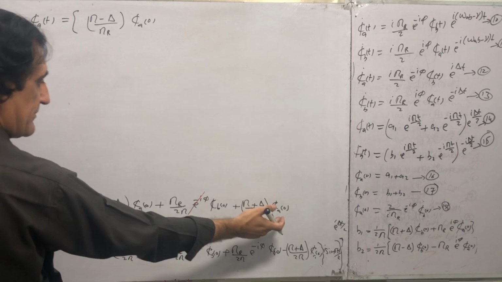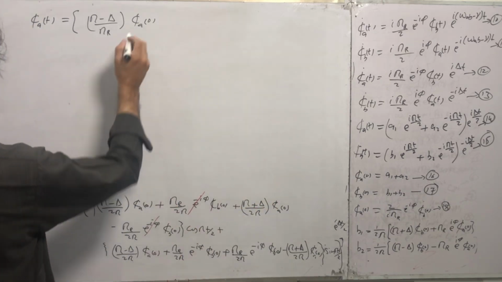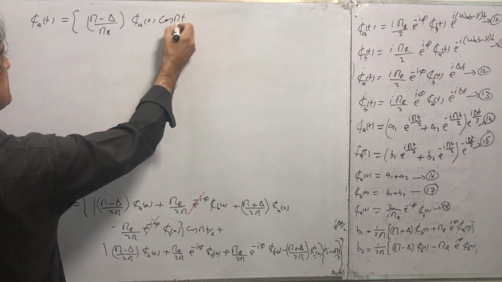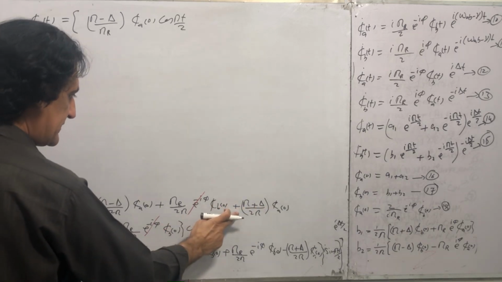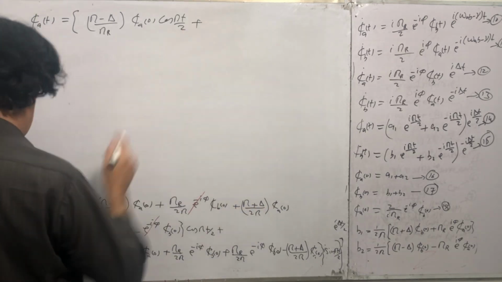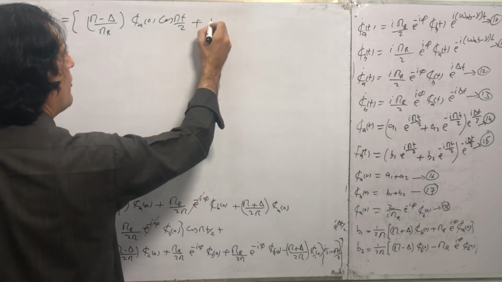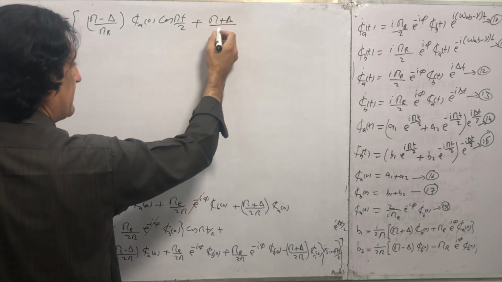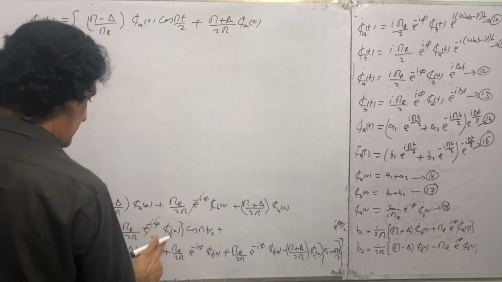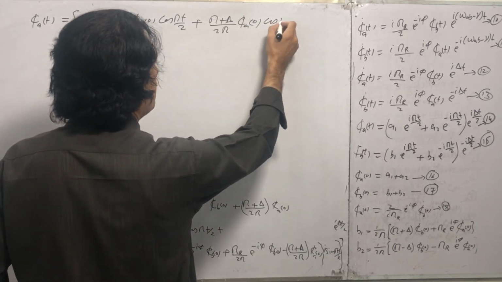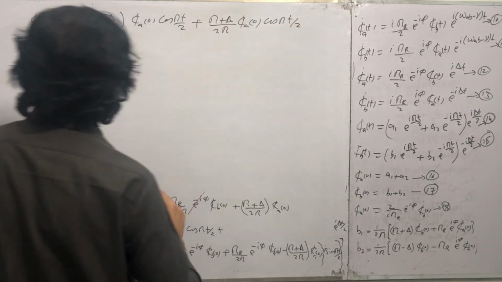And also if I multiply cosine omega t divided by 2, and the other term is plus omega plus delta divided by 2 omega Ca of 0, with multiplication cosine of omega t divided by 2.